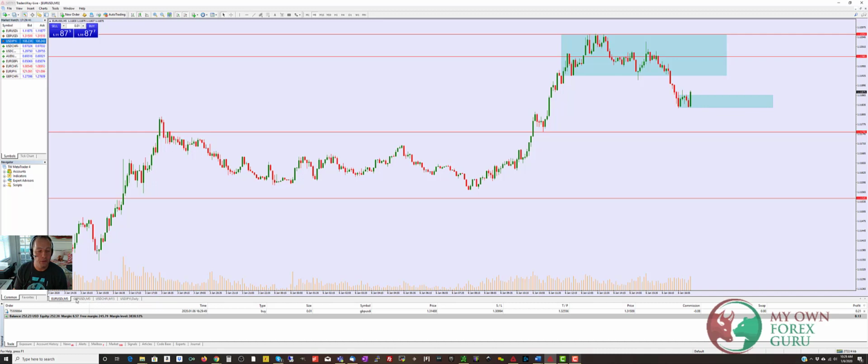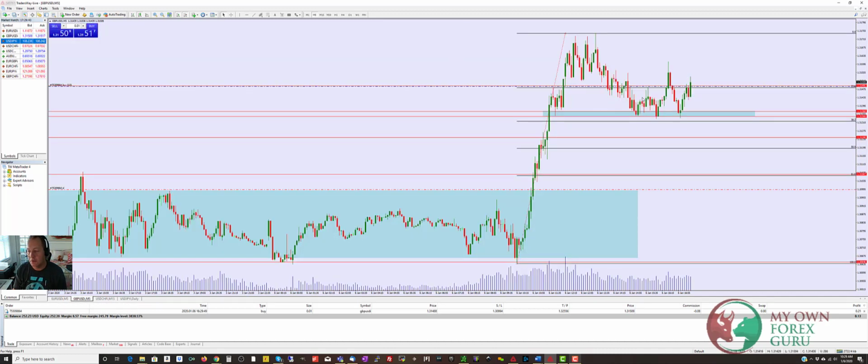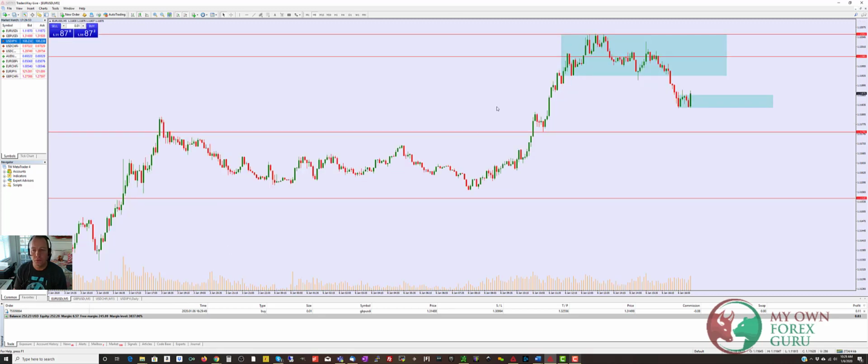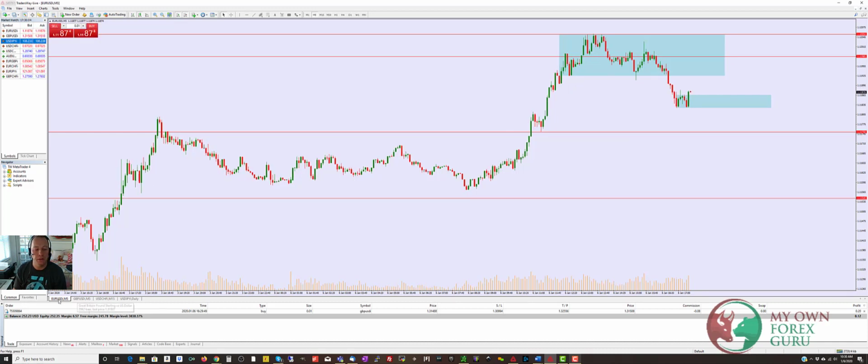So if I'm long on pound USD, that means I'm short on the dollar and I'm long on the pound. So Euro USD and pound USD moves pretty much the same. Sometimes what happens on the pound USD is an indication where Euro USD is about to head.